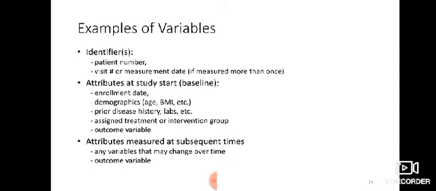We can have the enrollment date, the demographics, the prior disease history, and the assigned treatment. What is the outcome variable? This can be an attribute of the study chart measured at subsequent times. As we go on in our calculations, we can measure some attributes which can change over time, the outcome variable.